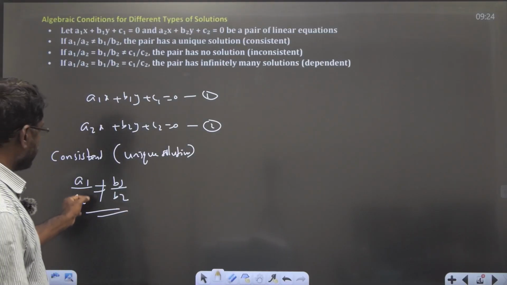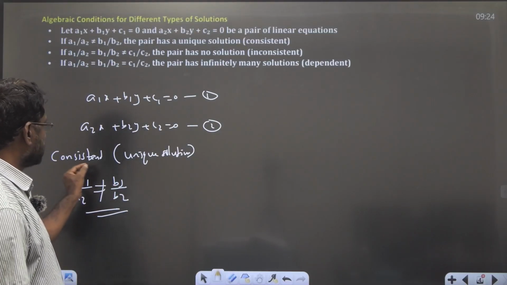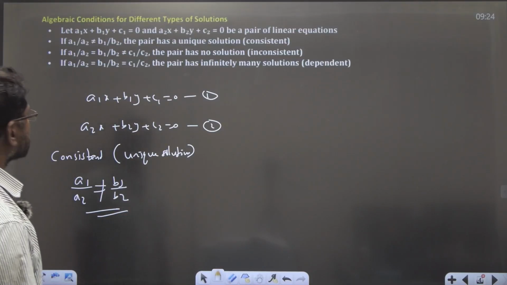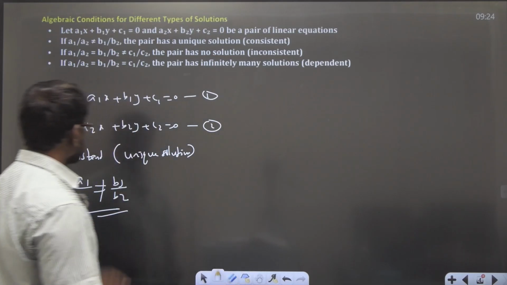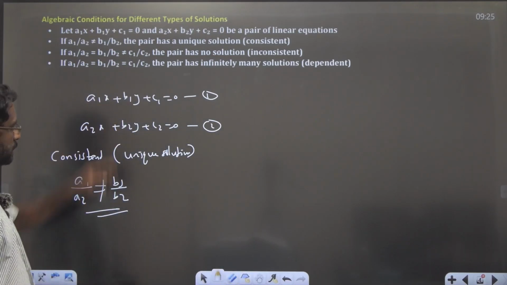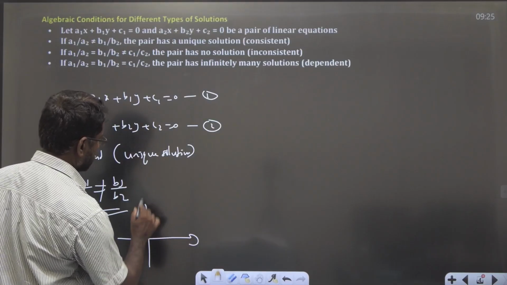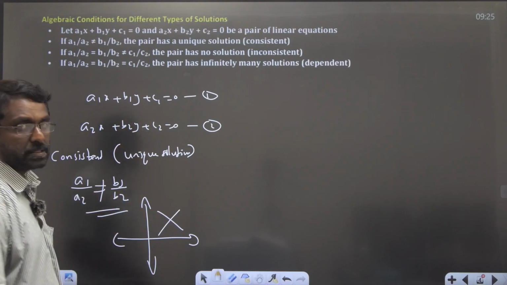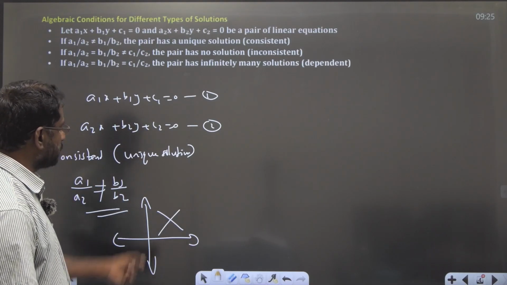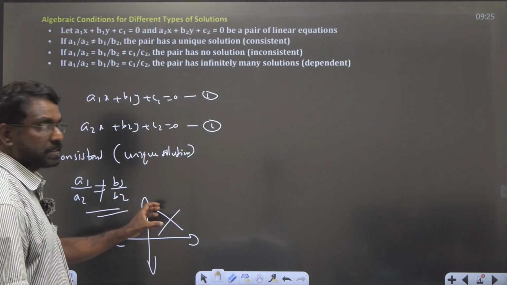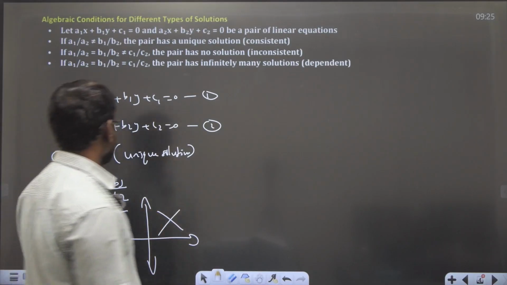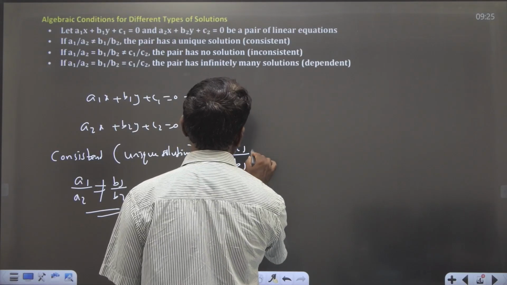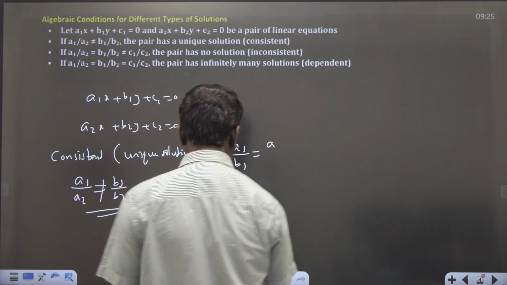If a1 by a2 is not equal to b1 by b2, the system is consistent and there exists a unique solution. In this case, the system is a consistent system and the lines are intersecting lines.